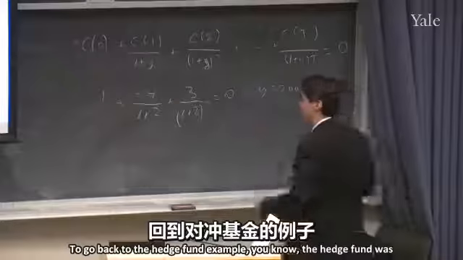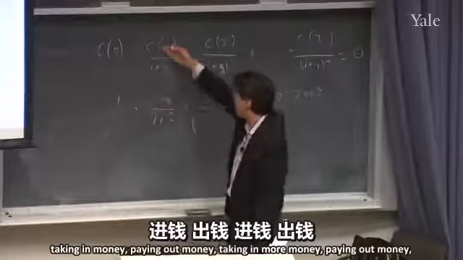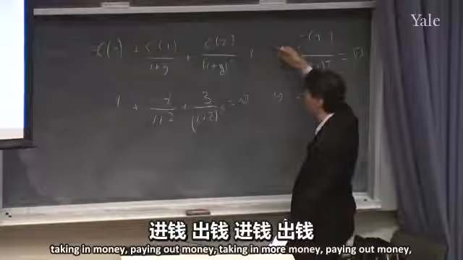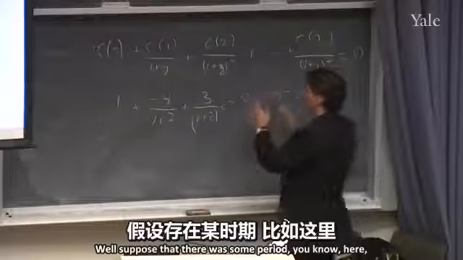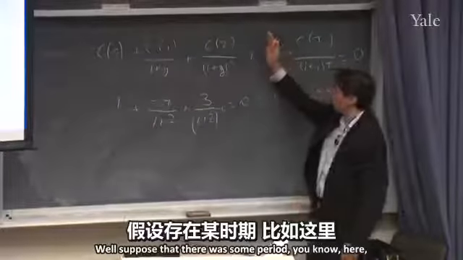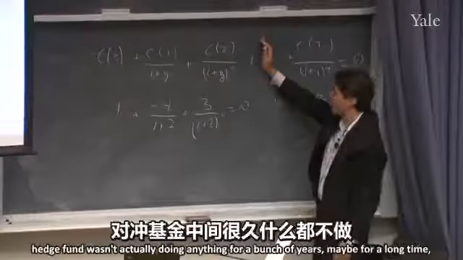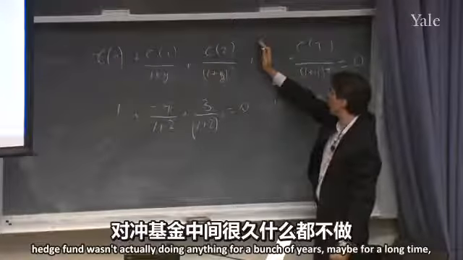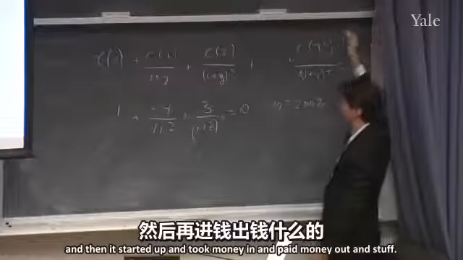To go back to the hedge fund example, the hedge fund was taking in money, paying out money, taking in more money, paying out money, and we calculated the yield to maturity. Well, suppose that there was some period at which point everyone had taken all their money out. So the hedge fund wasn't actually doing anything for a long time, and then it started up and took money in and paid money out.